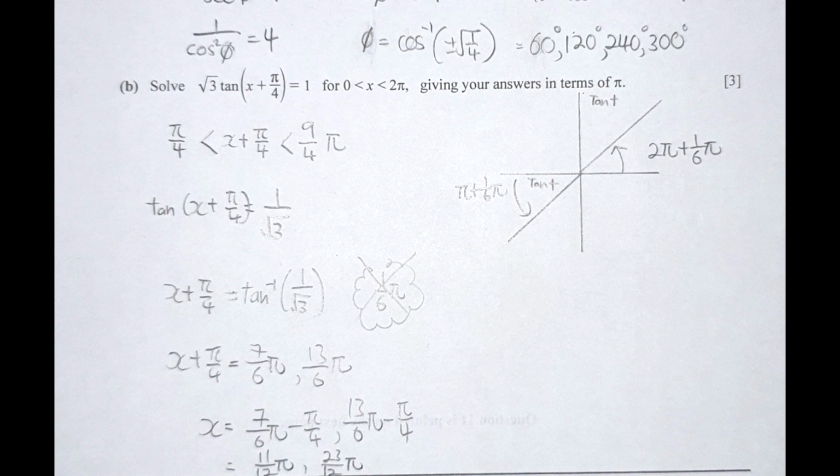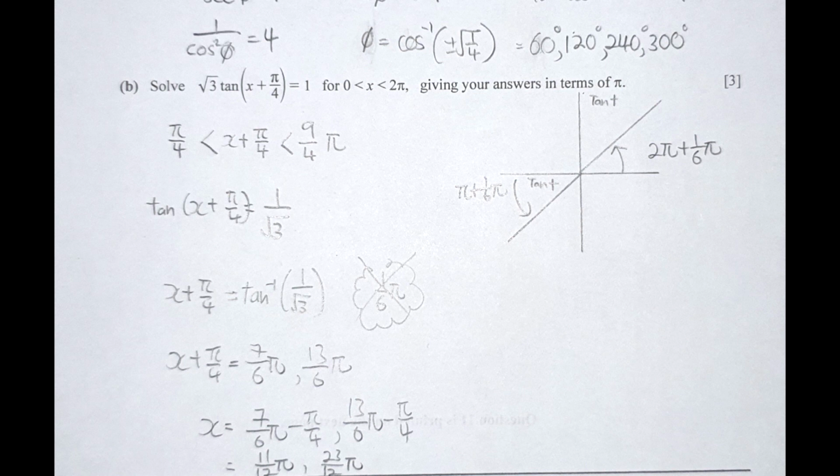Okay, I try to identify x plus pi over 4 equals to tangent inverse of 1 over square root 3. So key in your calculator, remember to set it into radian mode, because what we have here is in pi form and the previous question is in degree form. So do take note of this and don't make silly mistakes on this part.